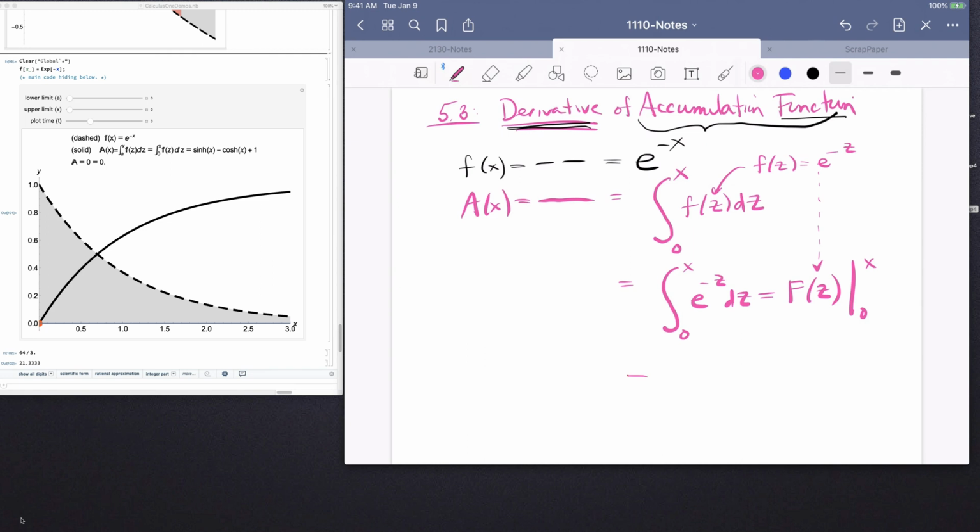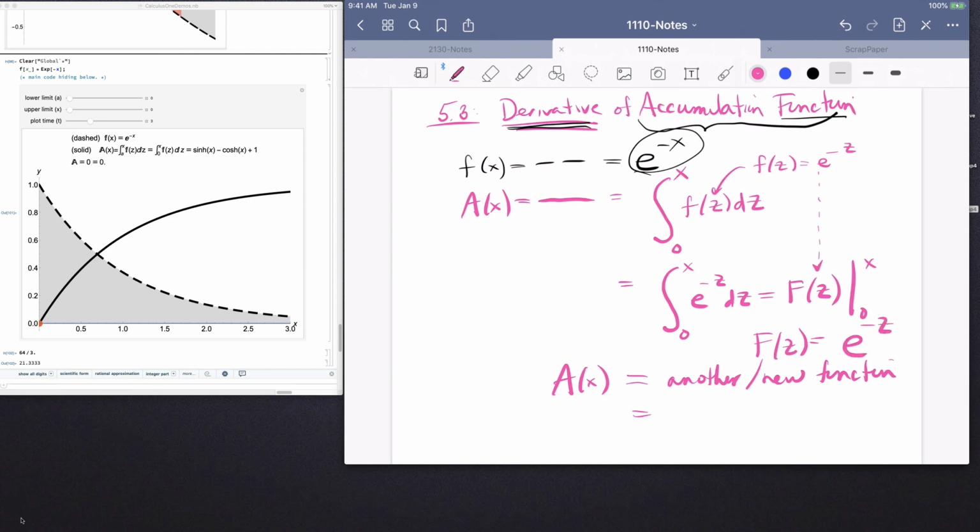And what we're going to find is that the accumulation function is just another function. It's a new function. And because of the particular function e to the negative x that we've chosen, we can actually find what this accumulation function is.